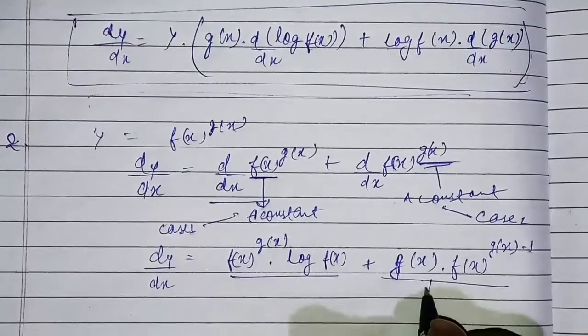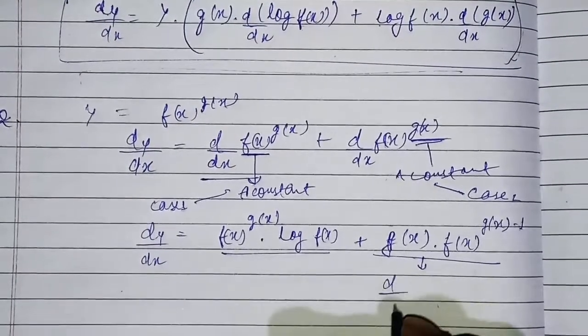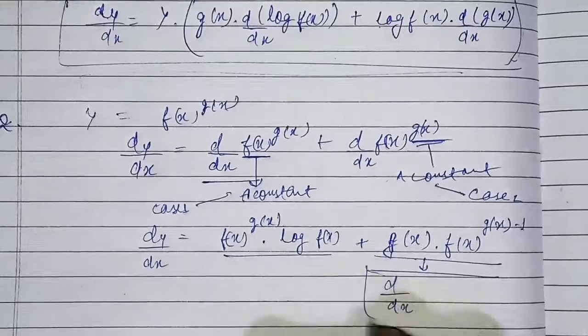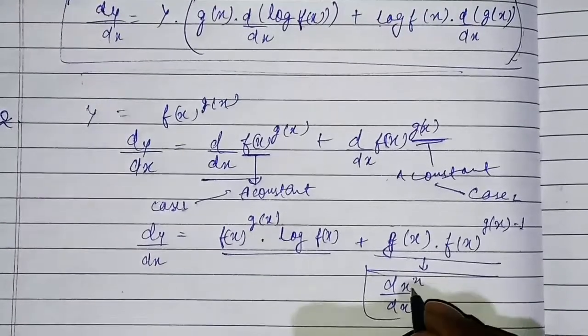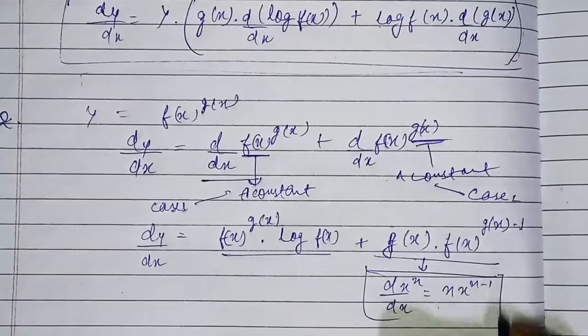This thing we get by the property of differentiation, which shows that d by dx of x to the power n is equal to n into x to the power n minus 1.